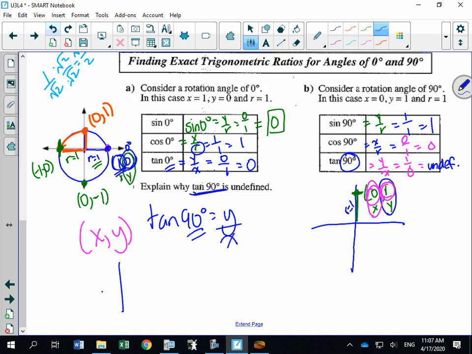At 90 degrees on our circle, right up here, the ordered pair has an x value of 0 and a y value, the radius, of 1. And tan is y over x, which is 1 over 0. Then you would say you cannot divide by 0, and you'll get a number that is undefined if you do divide by 0.